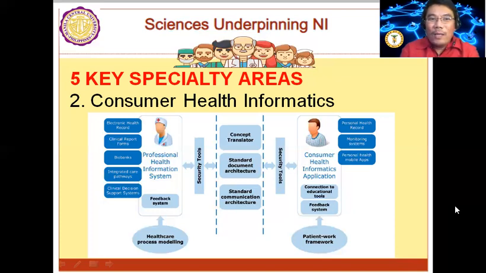Other than that, we have the clinical report forms. The clinical report forms are those that consider access to the patient history, medical history, hospitalization, and other previous physical examination findings of the client.